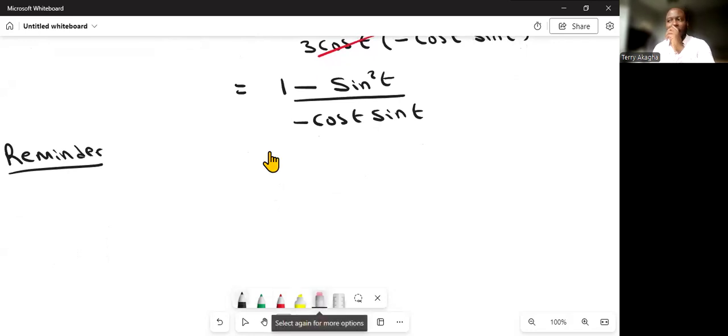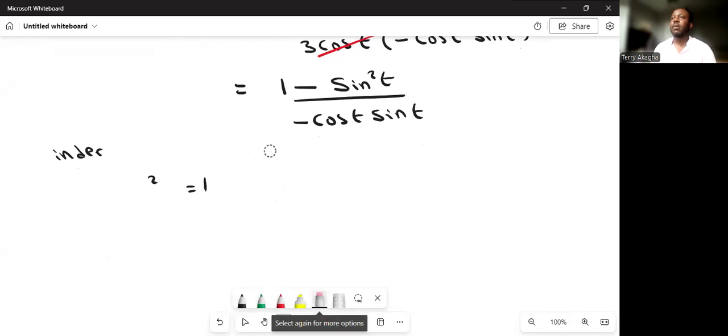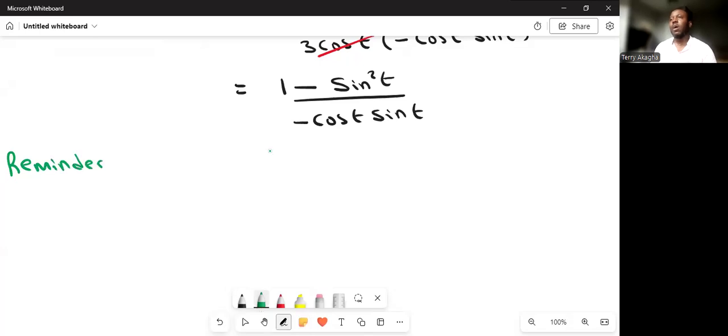So what I told you then was that sine squared x plus cos squared x was equal to 1. Do you remember? Or should I use this in a green pen so that you will know that I'm just making a note here? So reminder, I told you then sine squared x, okay, plus cos squared x was equal to 1.